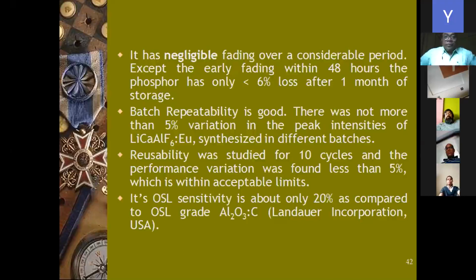However, I'm very happy to indicate here that we have also prepared an OSL phosphor, LNPTB, which is better than even the BRC product.